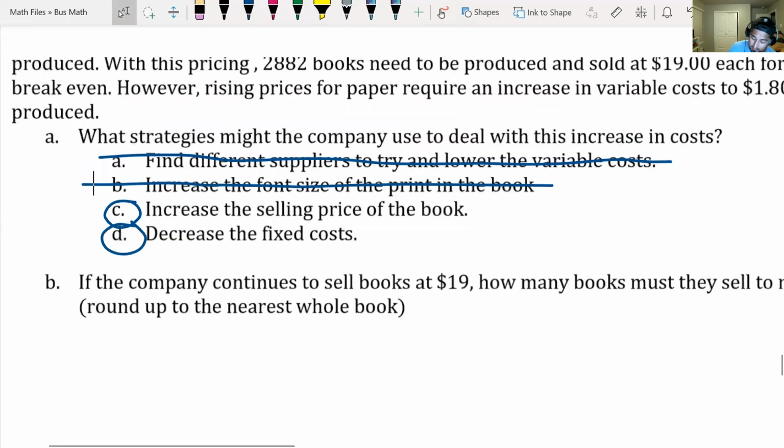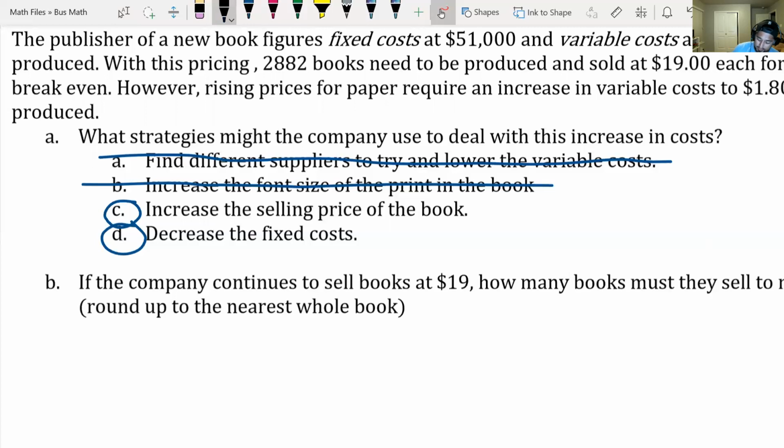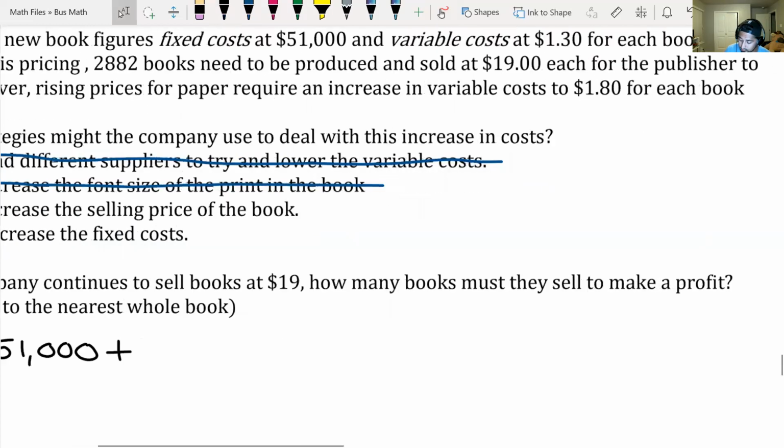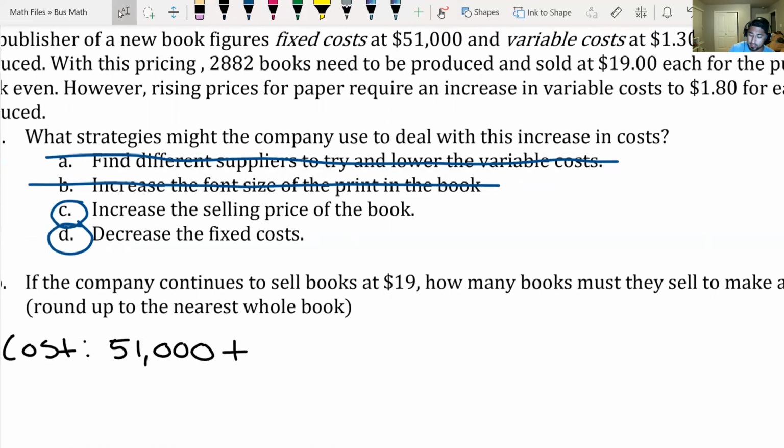So with that being said, let's find out the cost function. And remember, cost is fixed cost and variable cost. So our fixed cost is $51,000. And our variable cost was raised to what? $1.80? Yes, our variable cost is $1.80 per book.